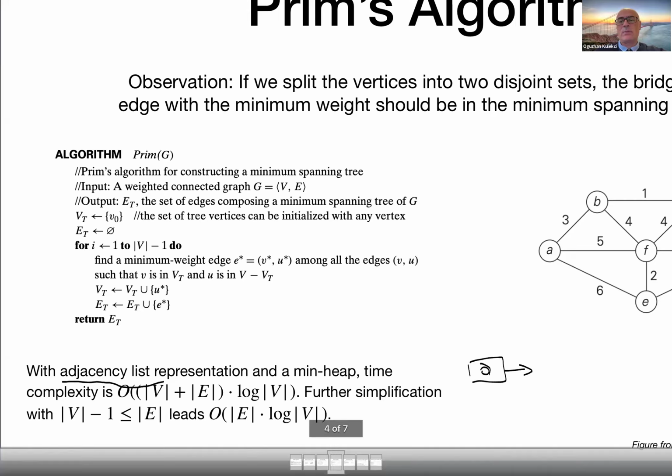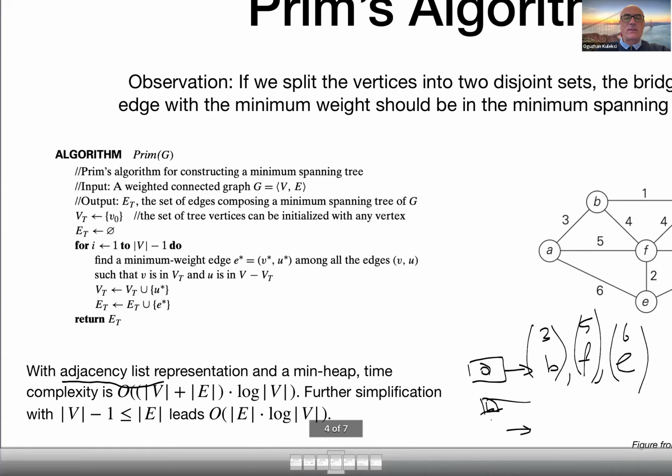A is connected to B, A is connected to F, and A is connected to E. A is connected to B with a cost of 3, connected to F with a cost of 5, not 2, and connected to E with a cost of 6, and I have all the other vertices here.